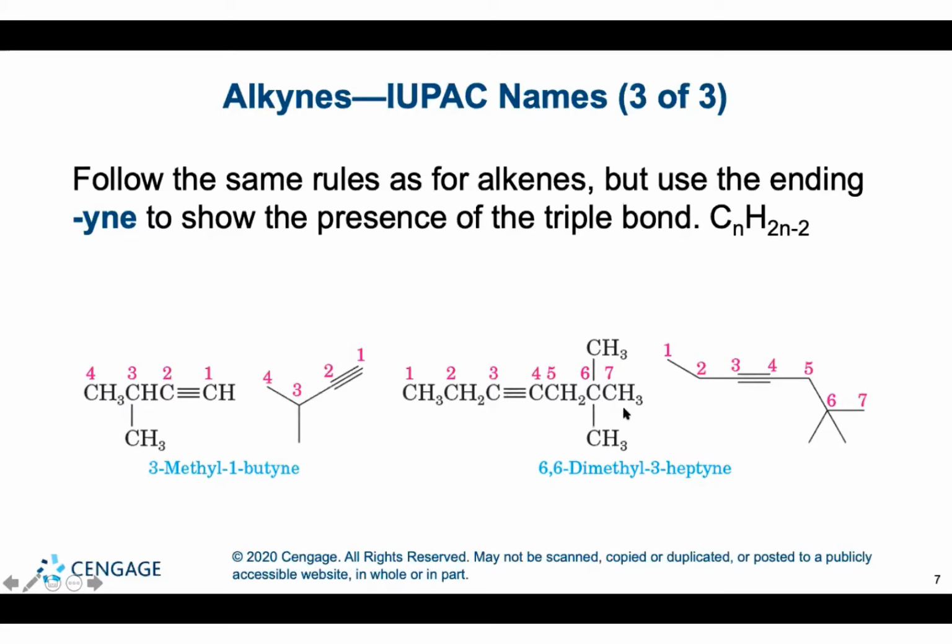You can see that in here I reach the double bond sooner, so I start numbering from the right, and here I start numbering from the left because I reach the triple bond sooner.